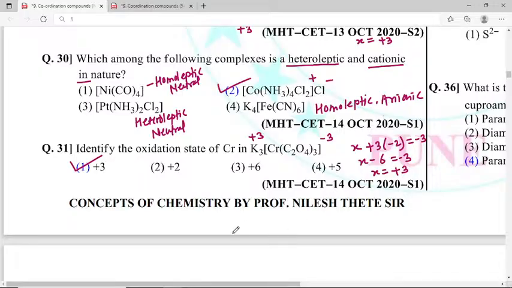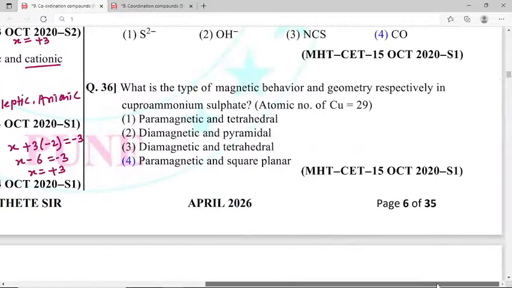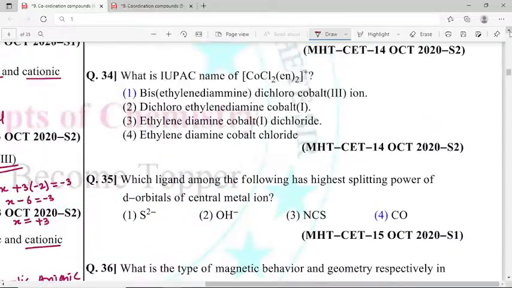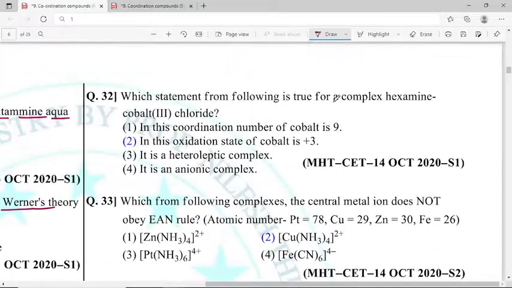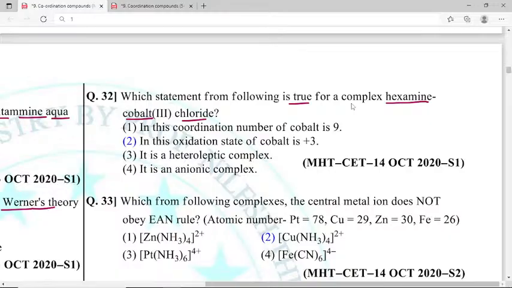Okay, next question. Which statement from the following is true for the complex hexaamminecobalt chloride? Hexaamminecobalt chloride. So what is the hexaammine?